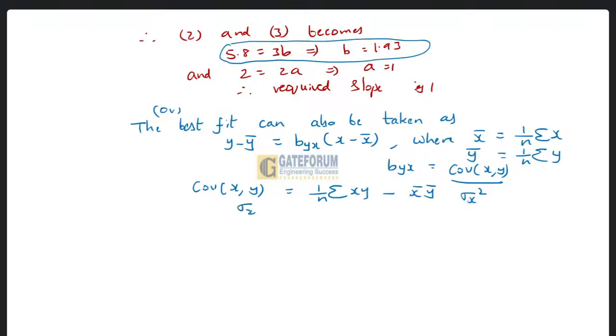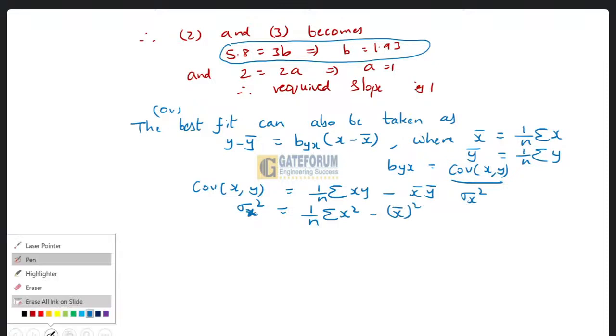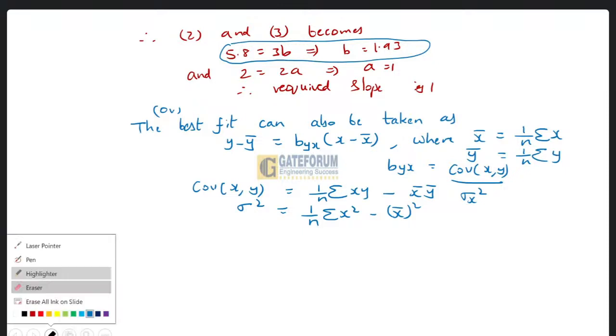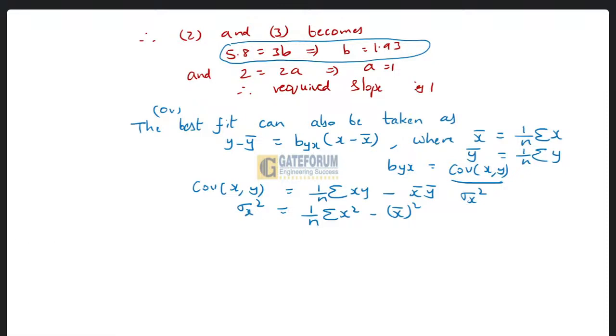Standard deviation, variance, square of sigma means variance of x variable, 1 by n sigma x square minus x bar whole square. You can do this method also. So the answer is 1, required slope is 1. This is end of the question.